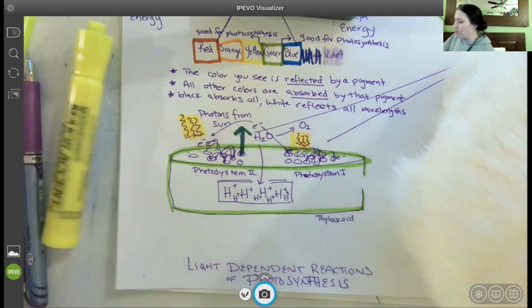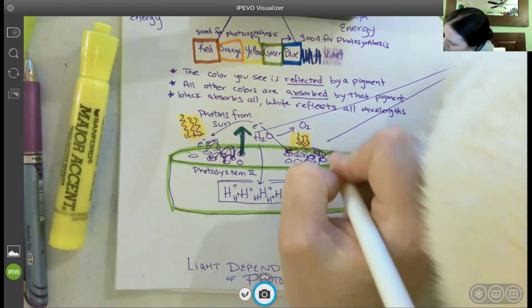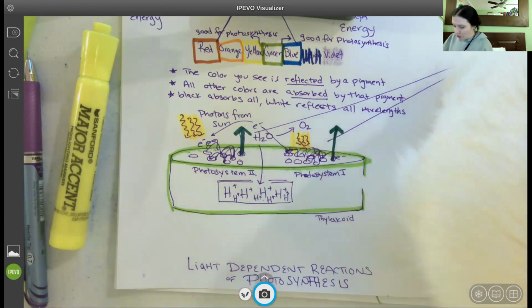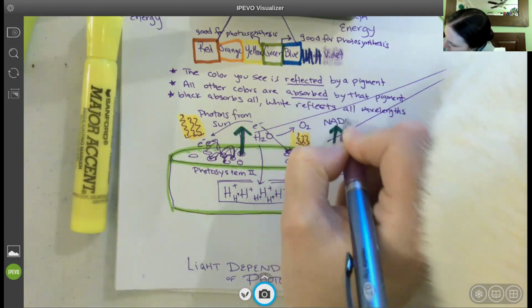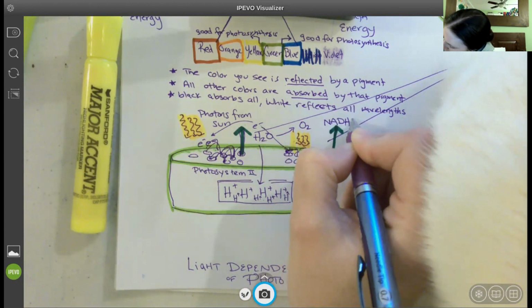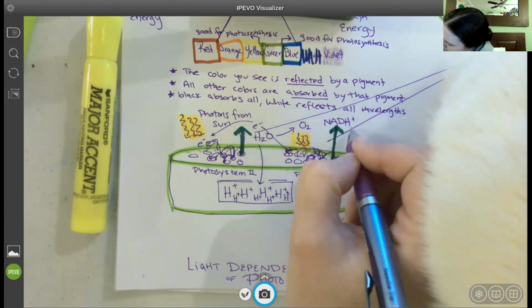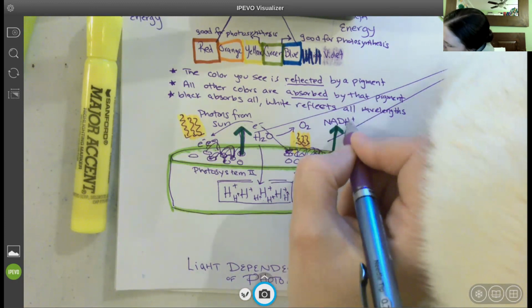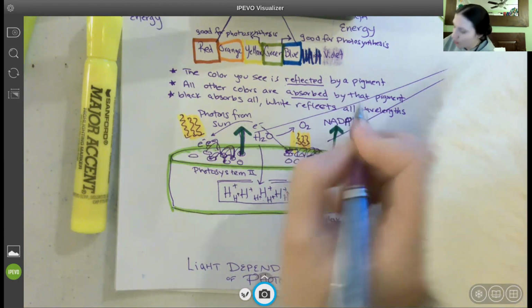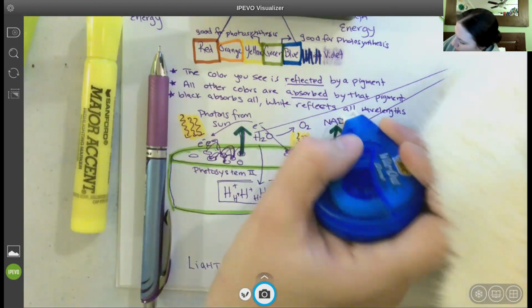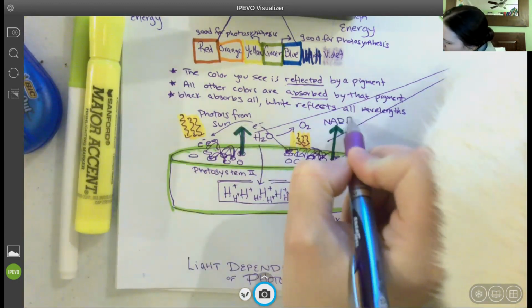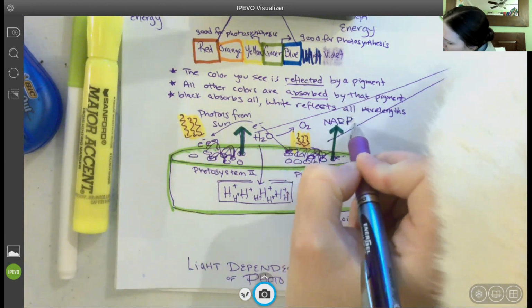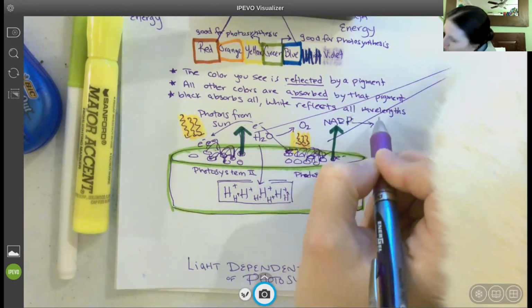And that part of the photosystem is going to bounce it up in energy, and it's going to use that energy to take NADP and make it into NADPH.